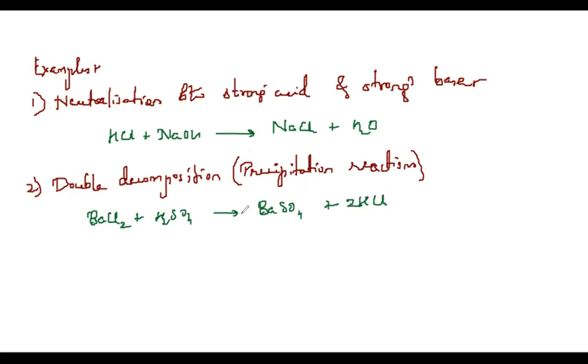See, the barium sulfate formed is nothing but a precipitate. It will remain at the bottom. So once the precipitate is formed, I cannot expect both of them to react and give back the reactants. Yes. So precipitation reactions are irreversible reactions. Even some of the thermal decomposition reactions also. Thermal decomposition of potassium chlorate you can take.